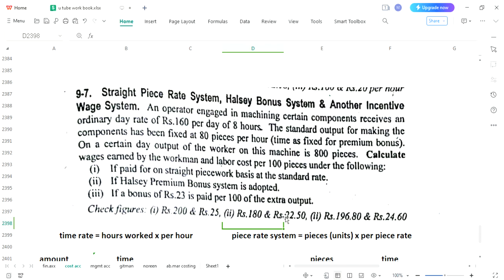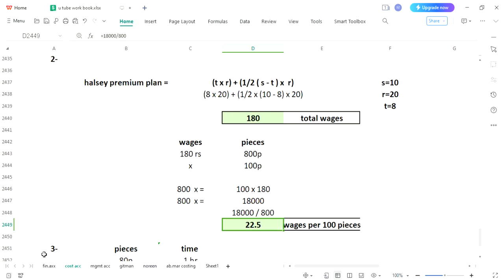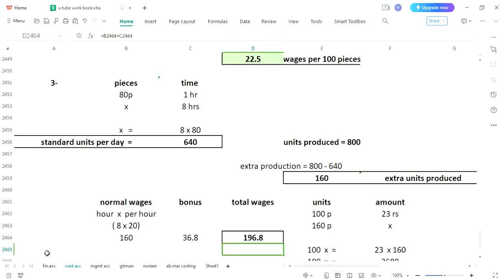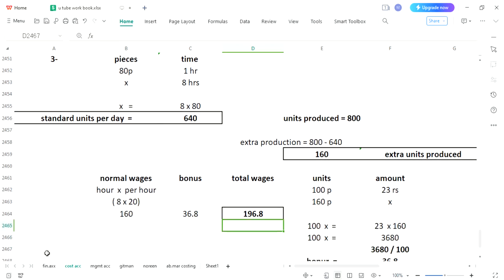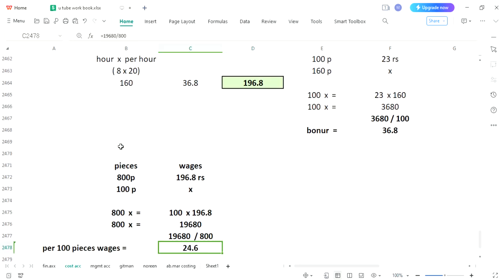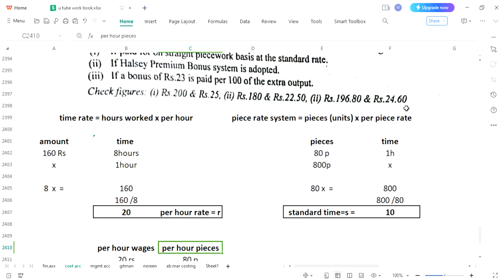Here we have our third part, and we have got two answers: 196.8 total wages, and the second answer we calculated per 100 pieces, 24.6. So 196.8 and 24.6. So all six answers we have seen.